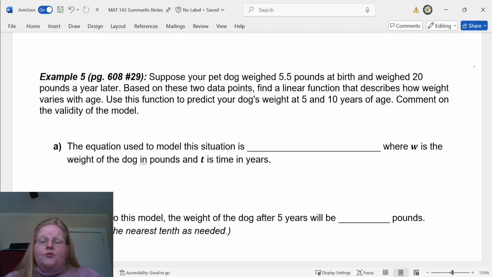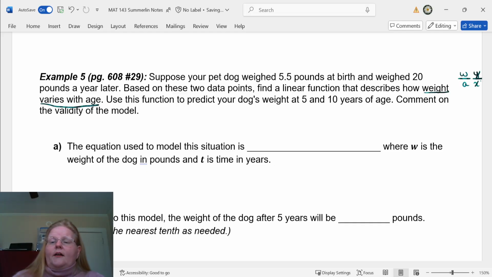So suppose your dog weighed 5.5 pounds at birth and weighed 20 pounds a year later. They want us to describe how weight varies with age. If weight varies with age, that means weight is our y and age is our x. So when we go to do our data points, we have our x first, which is our age.